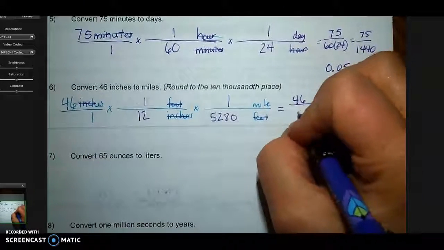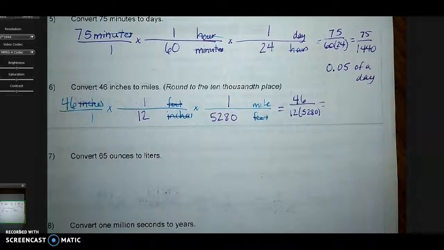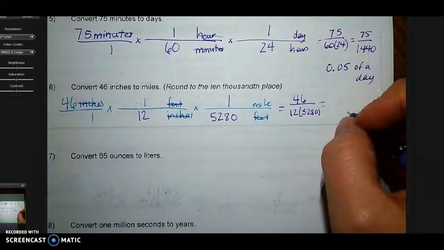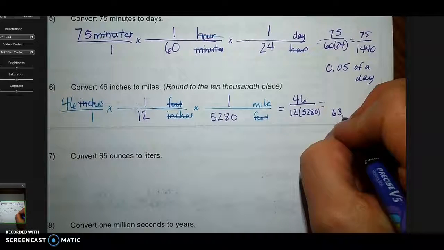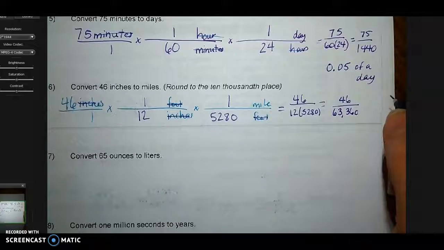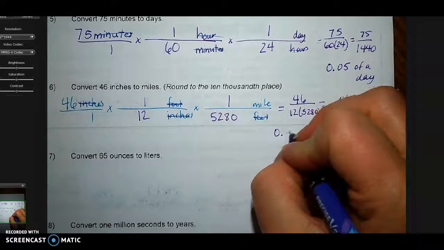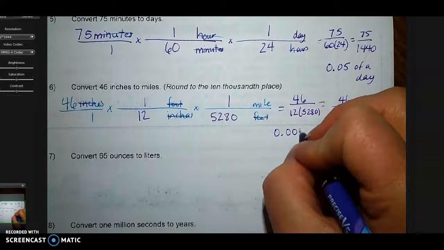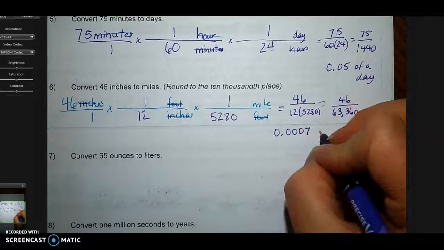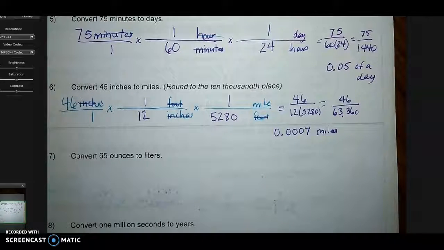So we're going to end up with 46 divided by 12 times 5,280, which is 63,360. I still have my 46 on the top. And so when I divide that, and it says round to the 10,000ths place, they weren't kidding because it's 0.000, so there's thousandths, there's 10,000ths. So it's really a tiny part of a mile.